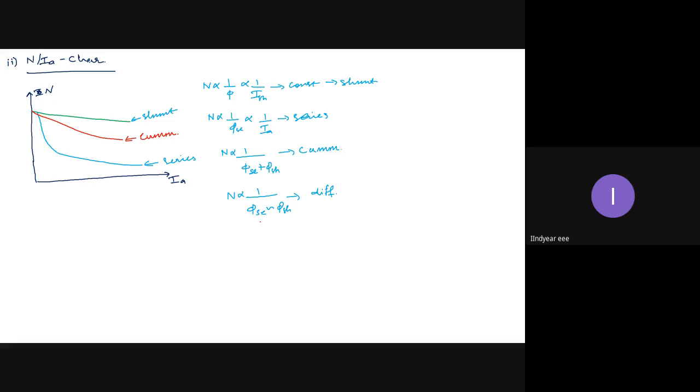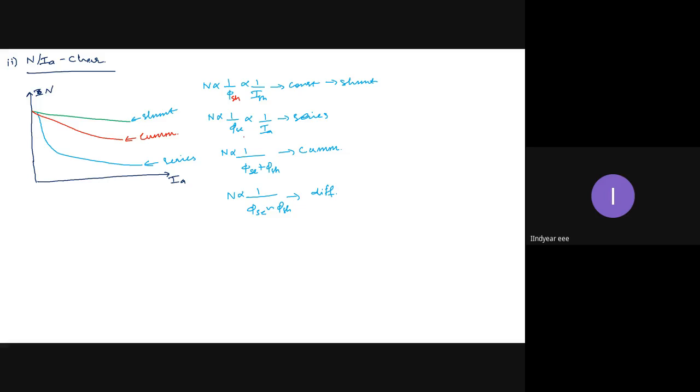Whereas the denominator in the differential motor is the difference of two fluxes. Okay, so it will be greater than shunt field. In the shunt field, speed is inversely proportional to phi SH. Now in differential compound motor, speed is inversely proportional to phi SH minus something else.